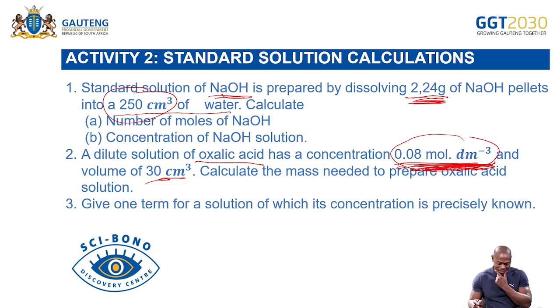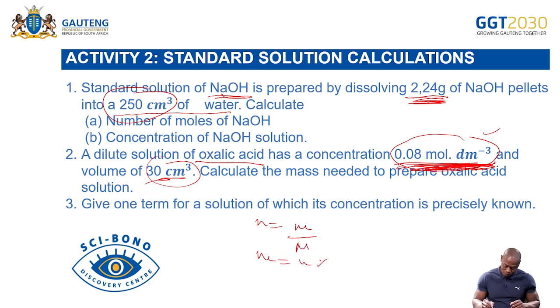For us to get the mass, we are given the concentration. We are also given the volume. So we need the mass. Mass is going to be number of moles times the molar mass. So the first thing that we need to do is to get the number of moles.